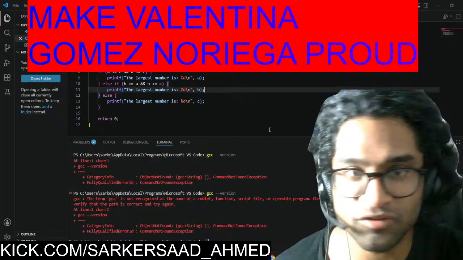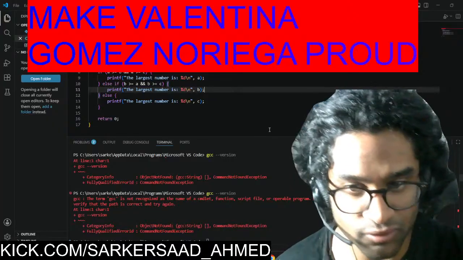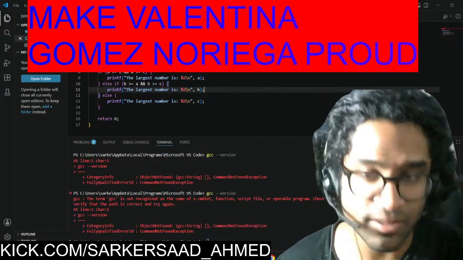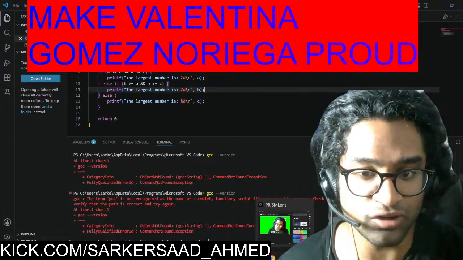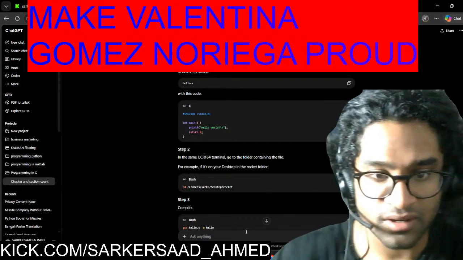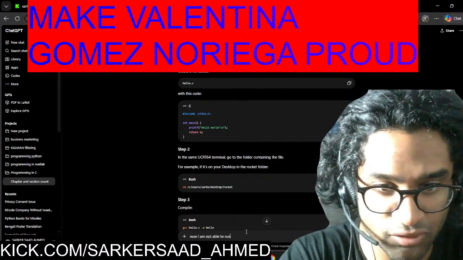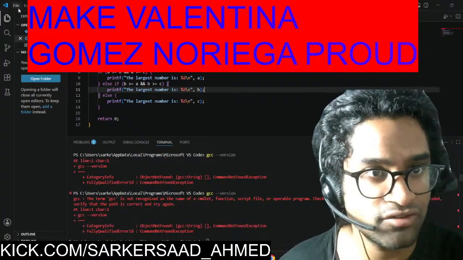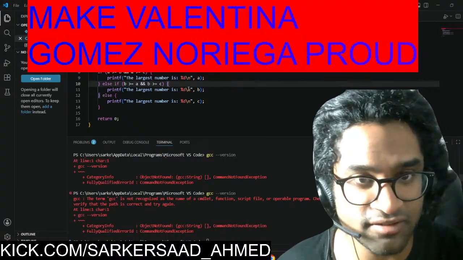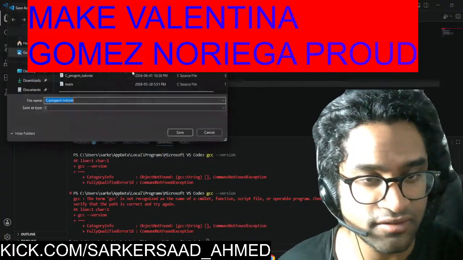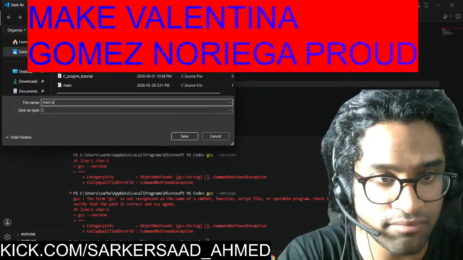Okay, now it keeps saying open the folder, open the folder. So I'm not able to run because it keeps saying open the folder. Okay, wait. I think, let's actually save it. Save as main program.